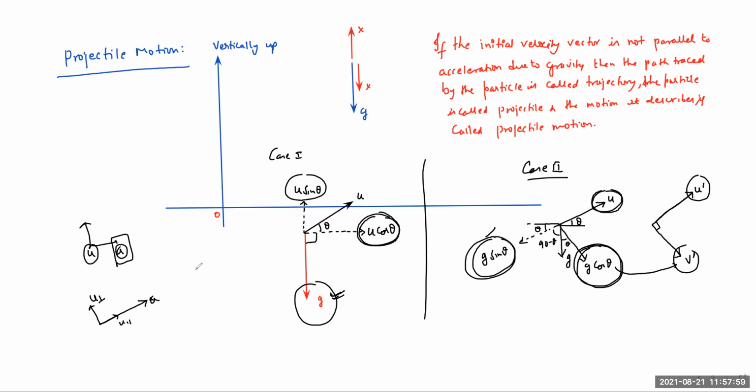The second rule says that, let's say this is u, so don't disturb u, rather resolve a parallel to u and perpendicular to u. Depends on how it acts, I don't know. Now these are the two ways in which we can solve problems.